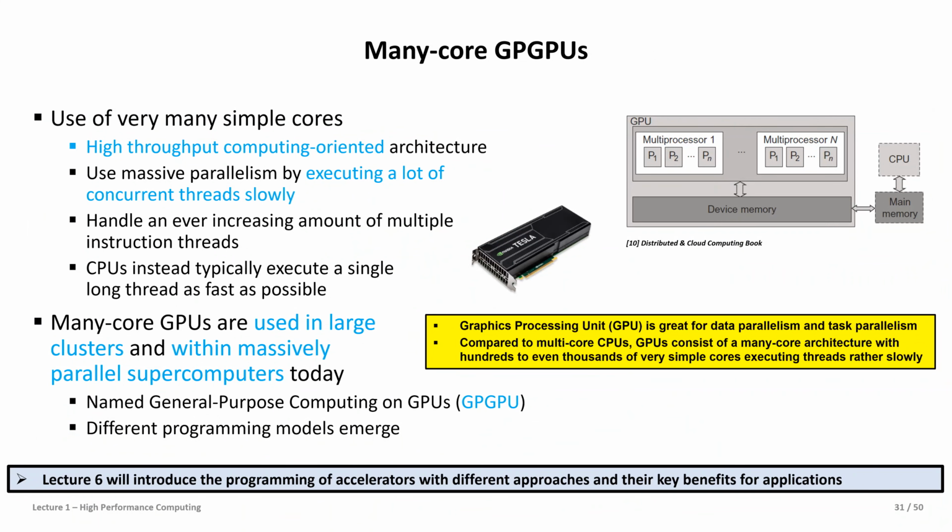Coming now a bit more to what a many-core really is. When you compare it to the CPU architecture that we had before in part one, you can see that the GPU has very many of these processors, but this is important: they are not at a high clock speed rate.